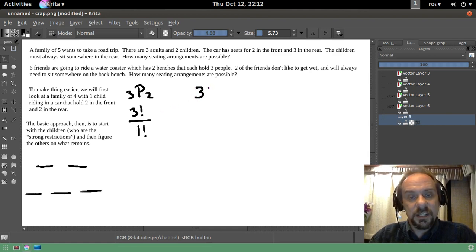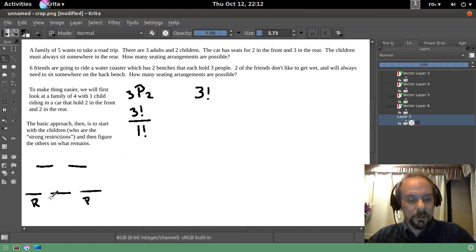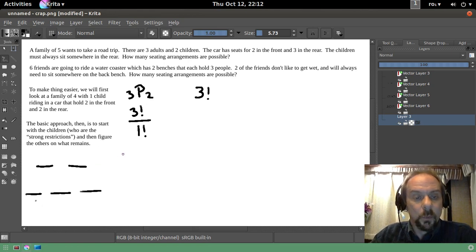So the children can sit in 6 different arrangements, and you can look at that if you want. Let's say Robert and Paul. We could have Robert, Paul, and nothing. We can have Robert, nothing, and Paul.